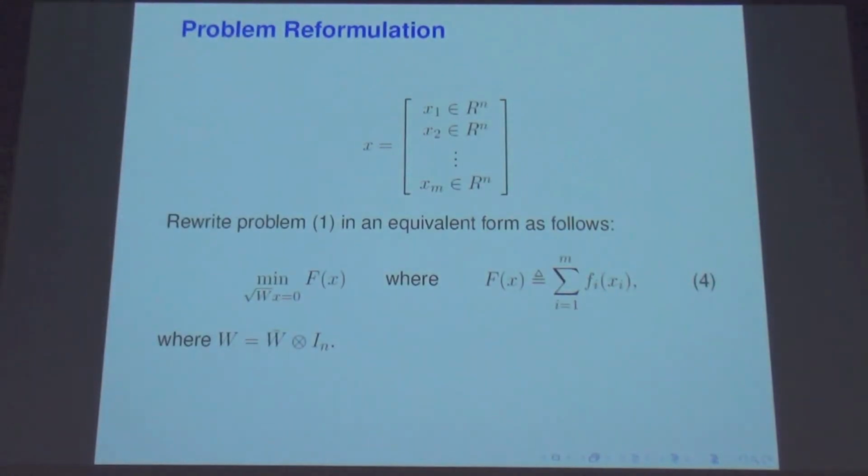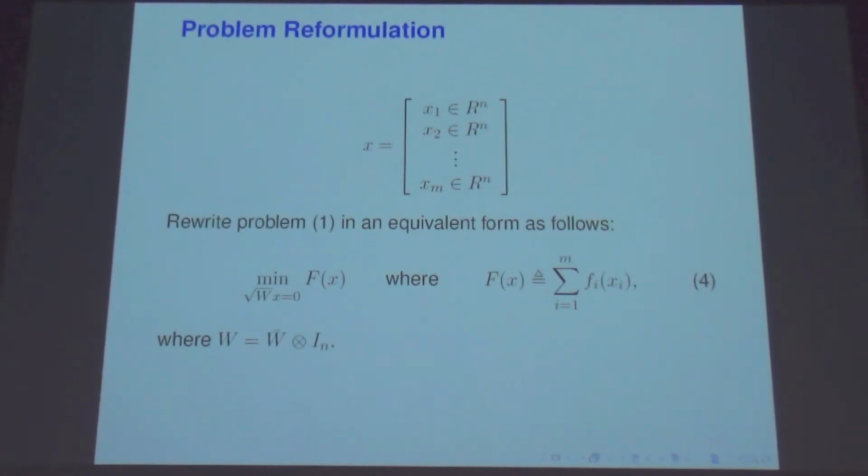Because now we can reformulate our original problem by constructing the following vector, xx, which is a very long vector whose size is m times the original size of the problem. So remember, m is the number of nodes in the graph. So now we have a very long vector, which is a stack of the copies of the variable x of agent 1, agent 2, up to agent n.